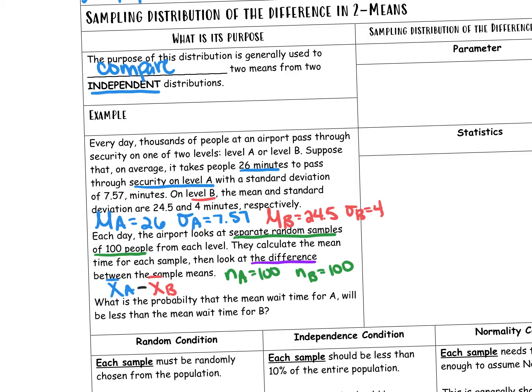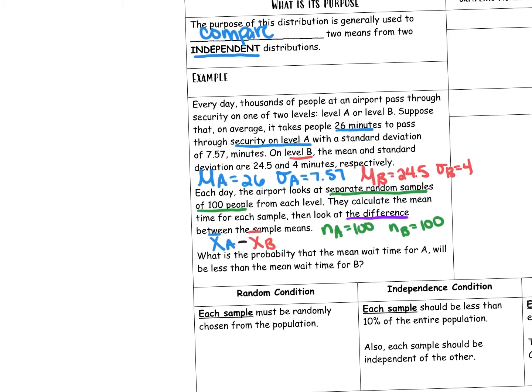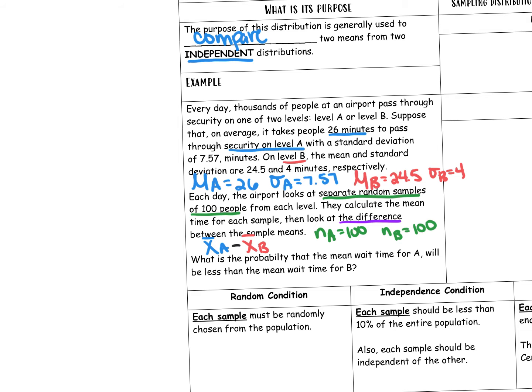And remember when we set up proportions, if we're looking at the difference between two proportions, there's one of three things that can happen, and the same goes for means. The first is that they are equal. If you're equal to each other, your difference when you calculate it should just be 0.